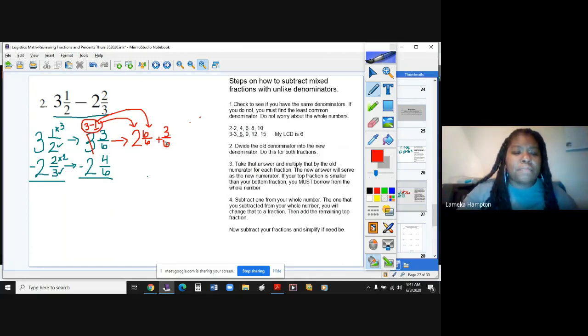Now, I'm going to add these fractions together because I have the same bottom number. That is going to give me 2 and 6 plus 3 is 9. I think that's where I got the 9 from in the first place. Over 6.